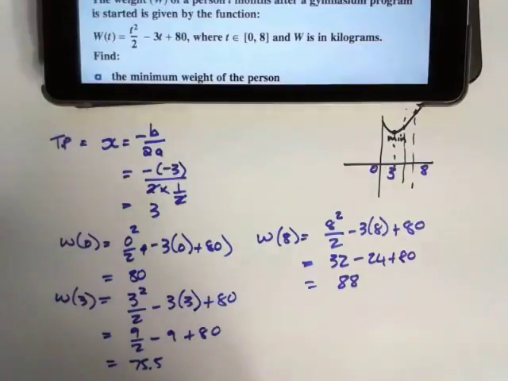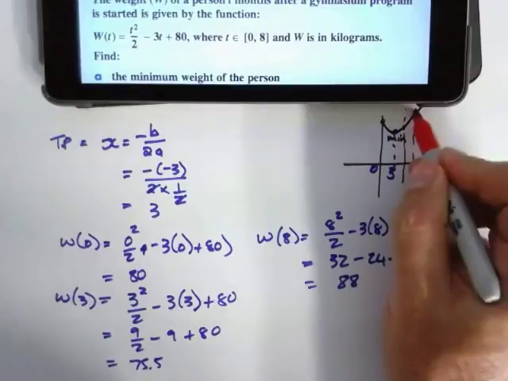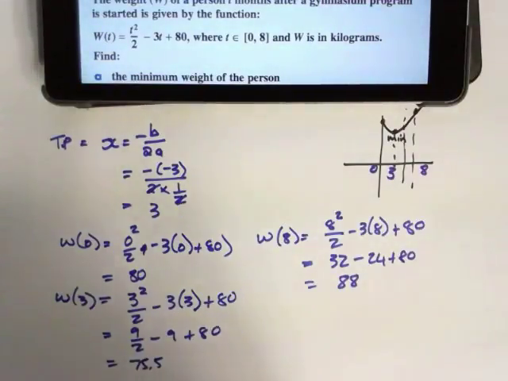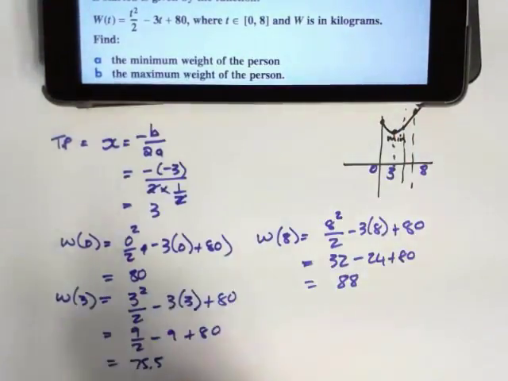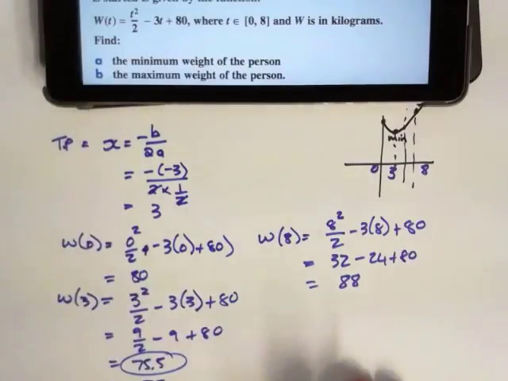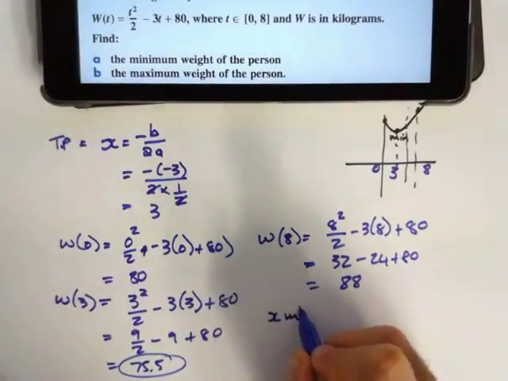So my range for my weight will be there, there, and there. So it's going to be either one of those. And I can see that the minimum weight of a person, x minimum, equals 75.5, the smallest value here.